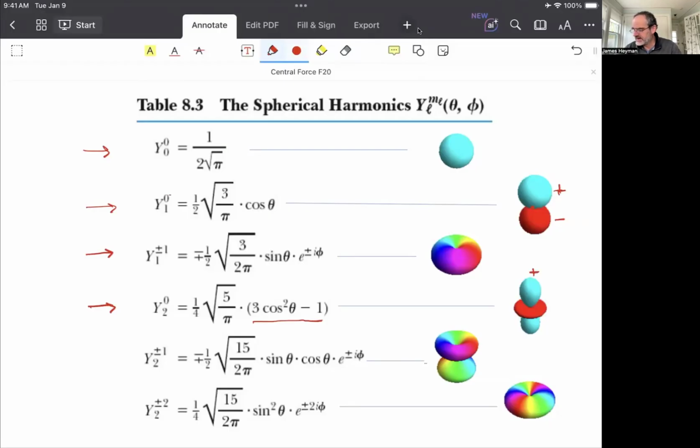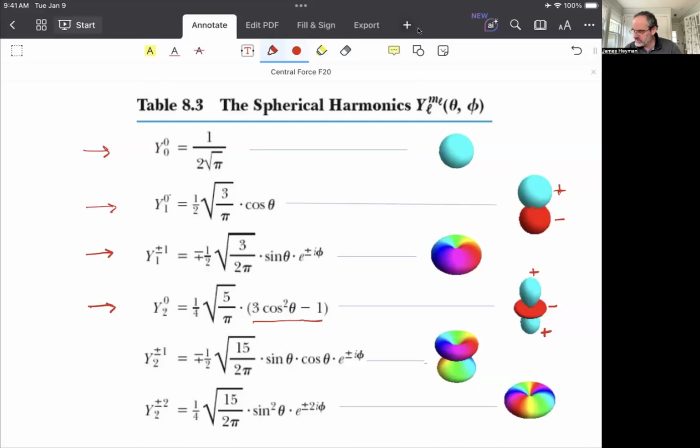And then as the polar angle increases, the function goes to 0, and then it becomes negative. So when theta is equal to 90 degrees, of course, this function is 0 minus 1, so it's negative. And then as we go to larger angles, it becomes positive again. Okay? And this function's independent of phi.